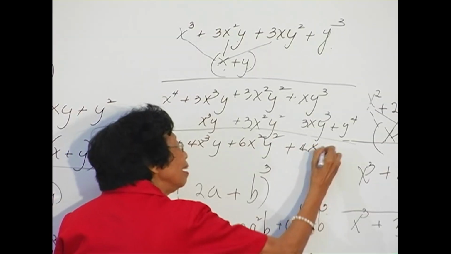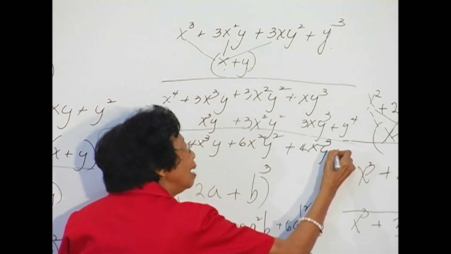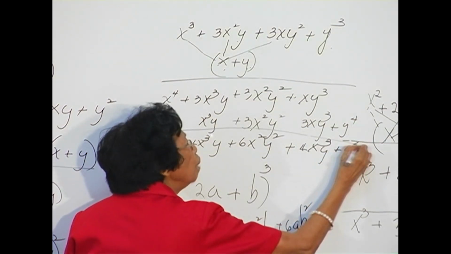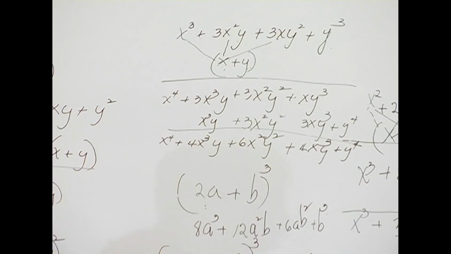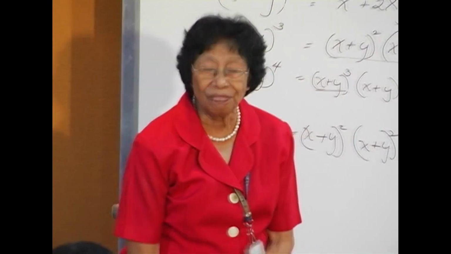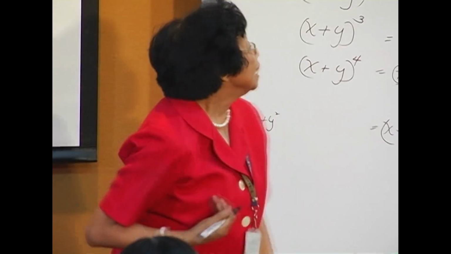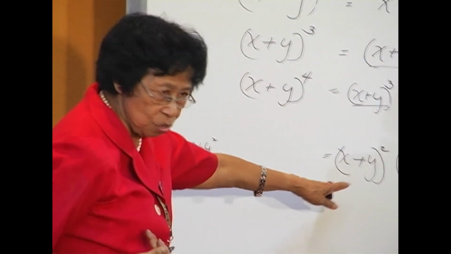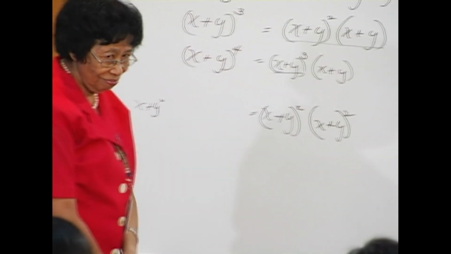Plus 4xy cubed. Plus y to the fourth. How many terms? 5 terms. Was our prediction correct? Yes. Did we predict 5? We predicted 5, and 5 we got. Now, let's see if this will end up like that. Okay?